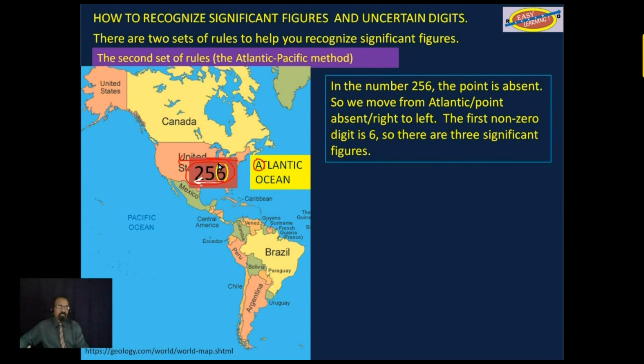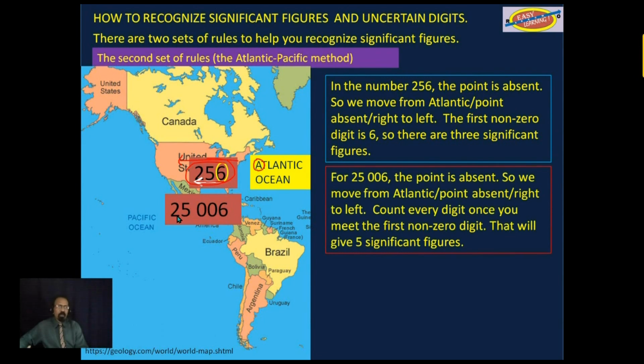So 6 is uncertain. Let's look at the number 25,006 that we saw before in the previous set of rules. Is the point expressed? Is it present or not? It is not, so it is absent. And so we will begin from the Atlantic side and we will start counting the digits from the Atlantic, which is our right, to the left. We will count every digit once we meet the first non-zero digit.